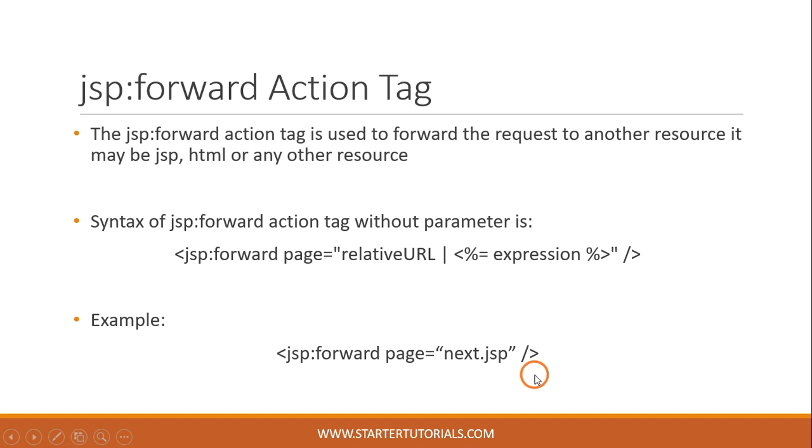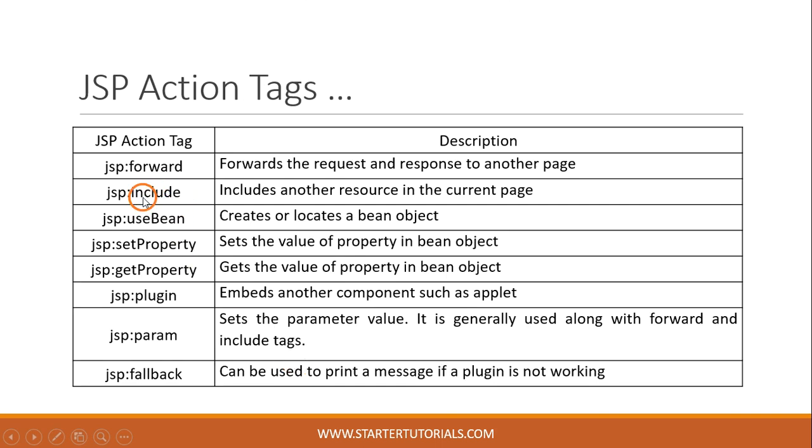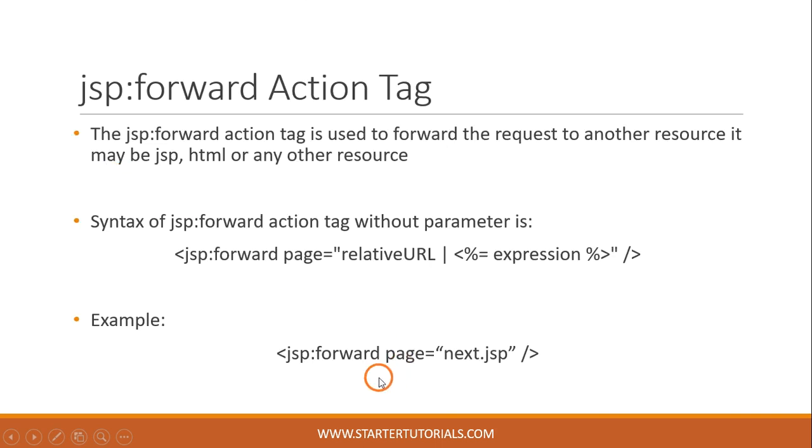You will use the angle brackets and start with jsp, followed by a colon, followed by the tag name, which is forward, and you will use an attribute called page. Its value will be the JSP page to where you want to go.